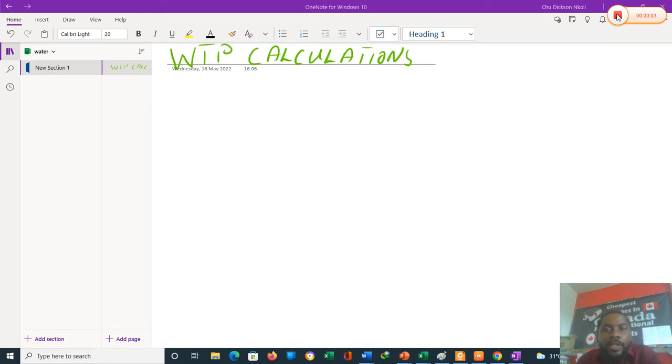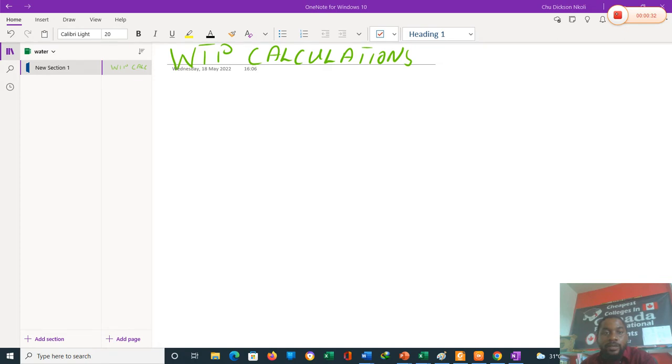Today we shall be going through wastewater treatment plant (WTP) calculations. If we are going to look at a brief rundown of how the various units of wastewater treatment plants are, then we'll be talking about the layout.